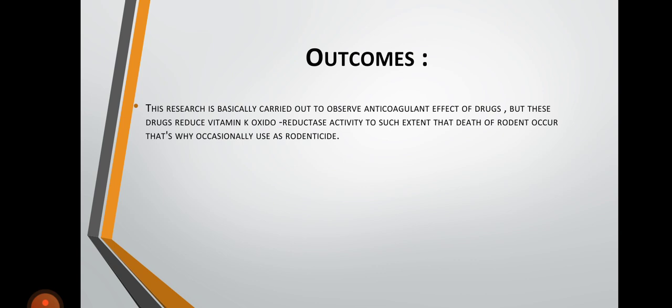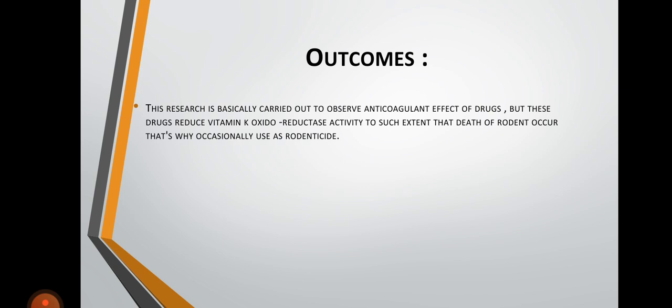So by this research it is known that these agents are anticoagulant, but they may be very lethal to animals. From this research it is known that these agents can be used as rodenticides in several rat killing medicines.